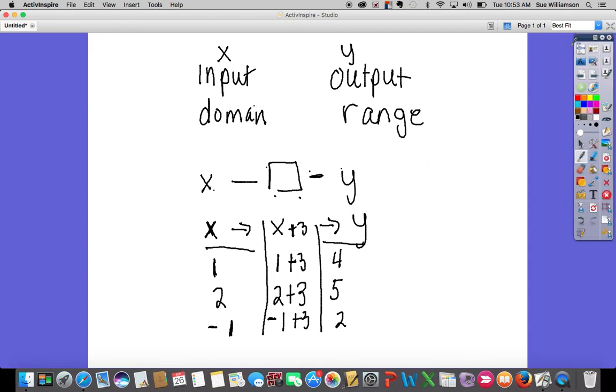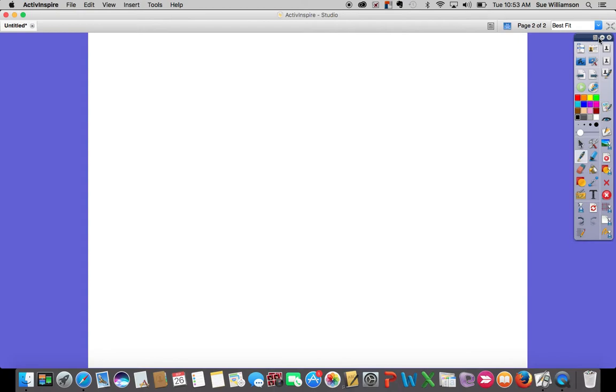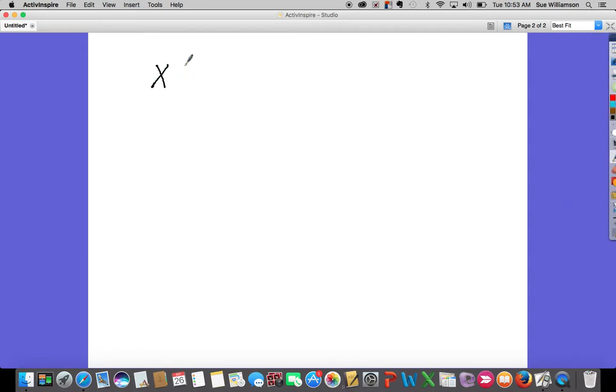So let me continue. Let's try another one like that. So I could have an input, which is my x, and say my rule is 2x minus 1, which would give me my y.